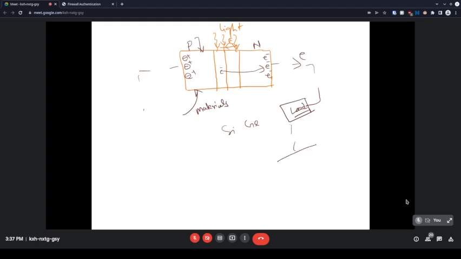Or you put the load here, and whatever electrons are generated pass through the load, and your device works simultaneously as a solar cell.